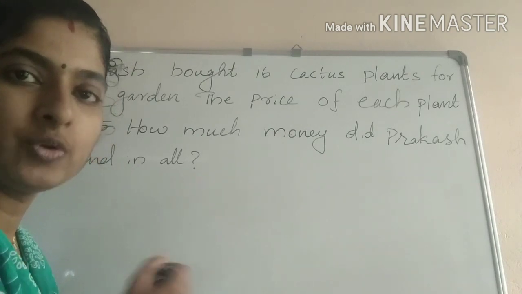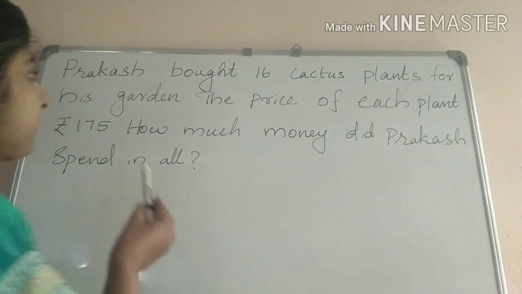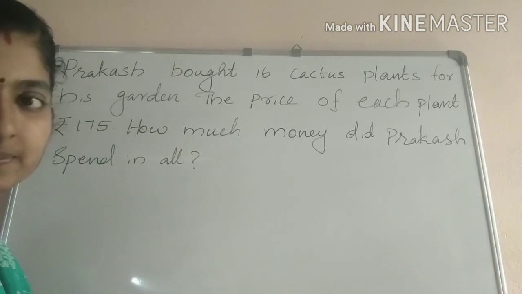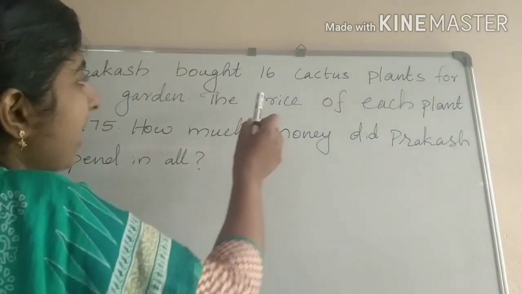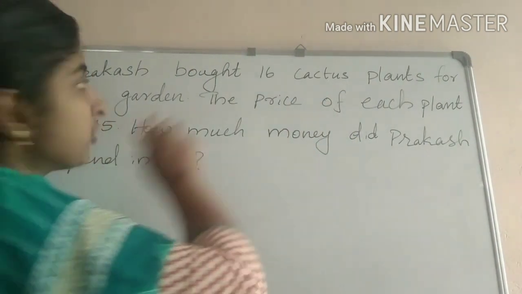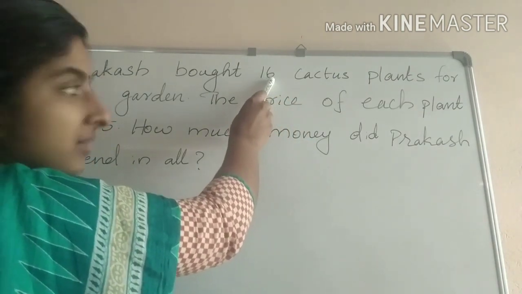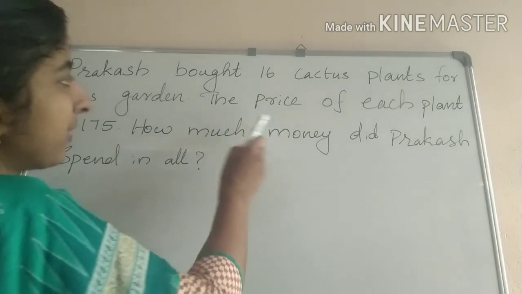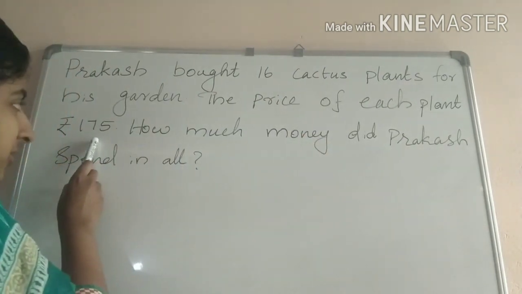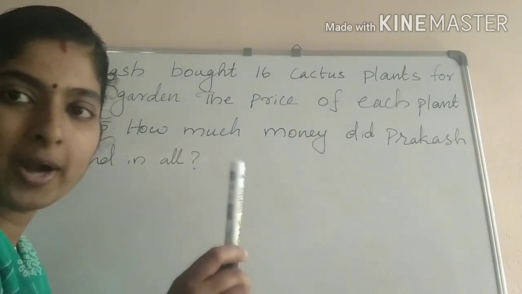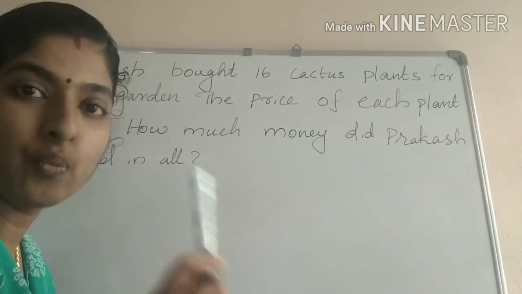Okay. How to write the steps? See. First, what is given? The number of cactus plants is given. So, number of cactus plants is equal to 16. Then what is given? The price of each plant. That is the price of one plant, the cost of one plant.